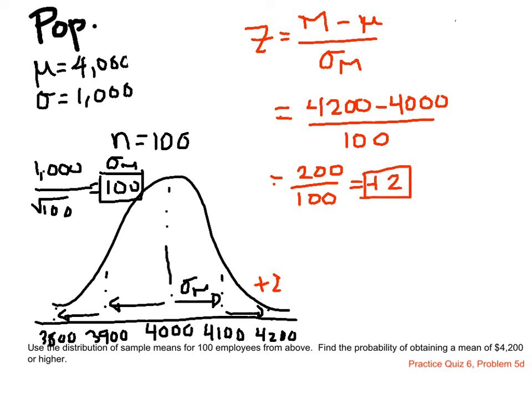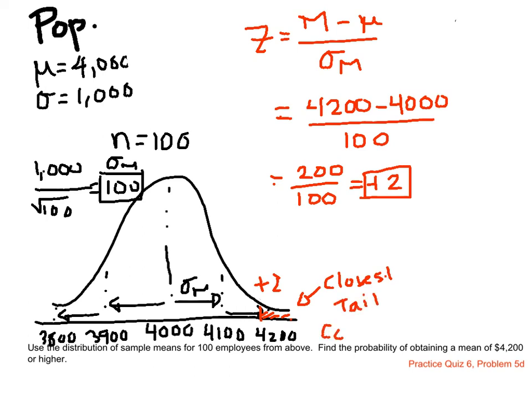Now, to find the probability of obtaining a mean of 4,200 or a z-score of 2 or higher, I'm going to shade from this point to the closest tail.